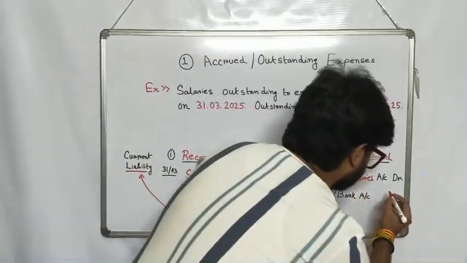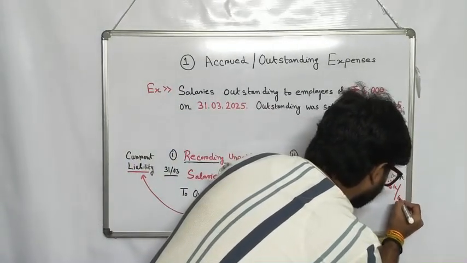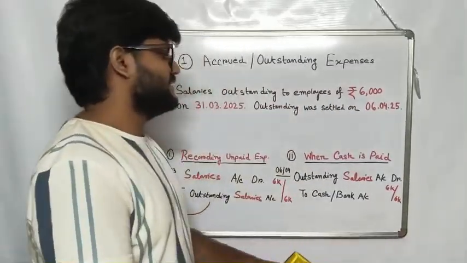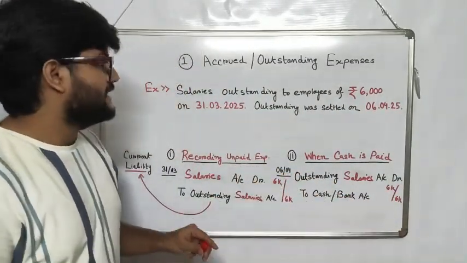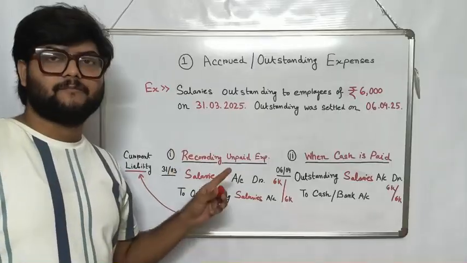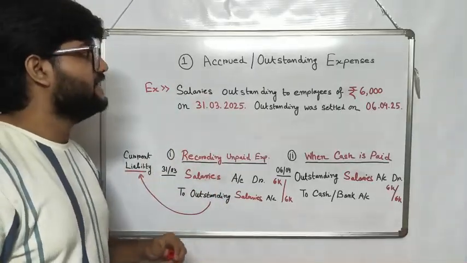So it will be also 6,000 each as well. Since there is no space, I have written it here. So this is the real life example and the journal entries of outstanding expenses.